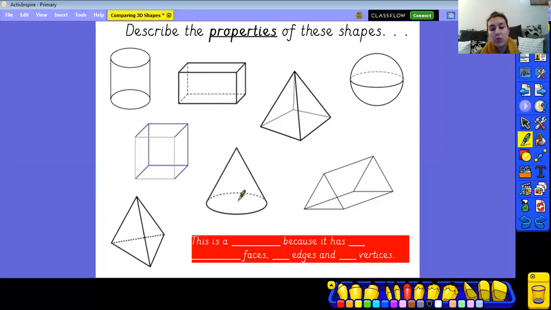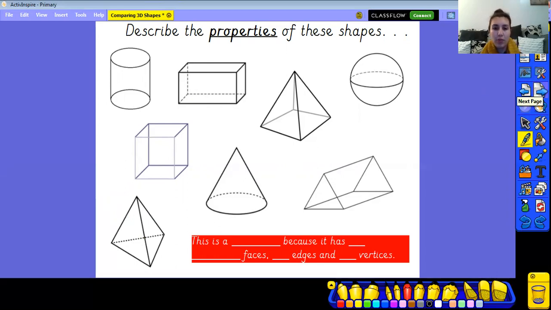So 2 faces altogether. It has got 1 edge and 1 vertex. This is a cube because it has 6 square faces, 12 edges and 8 vertices. And this is a triangular based pyramid because it has 4 triangular faces. It has got 6 edges and 4 vertices.